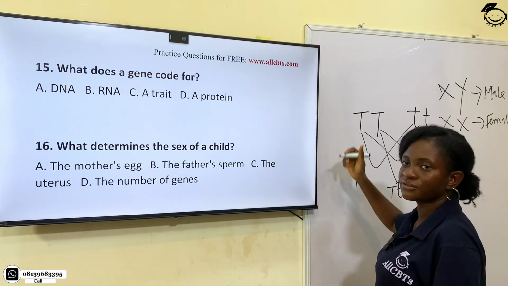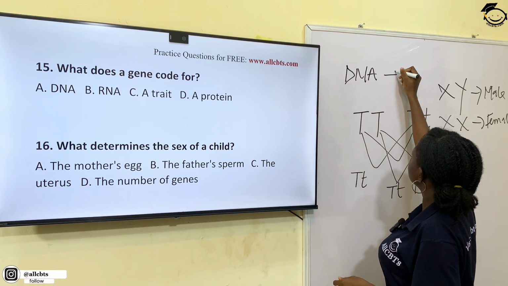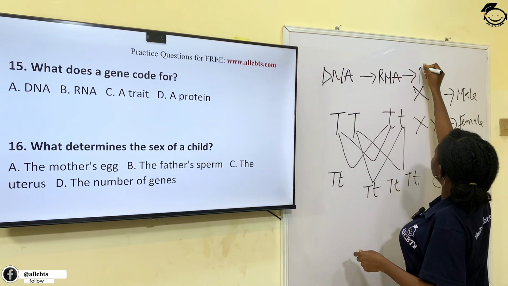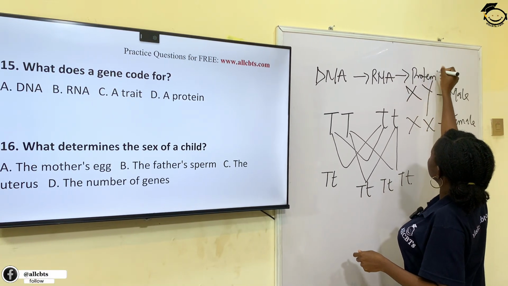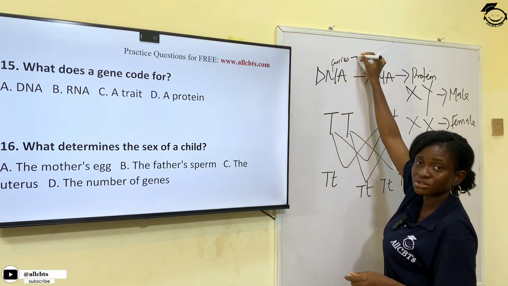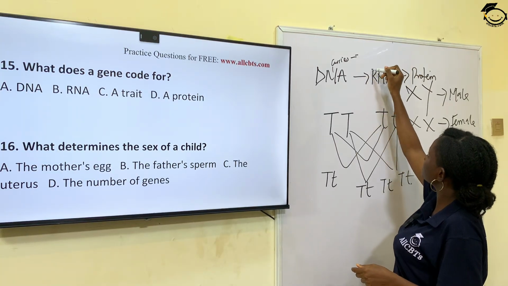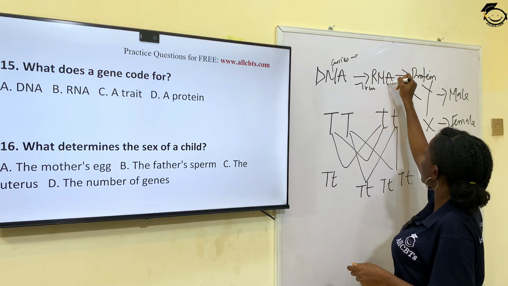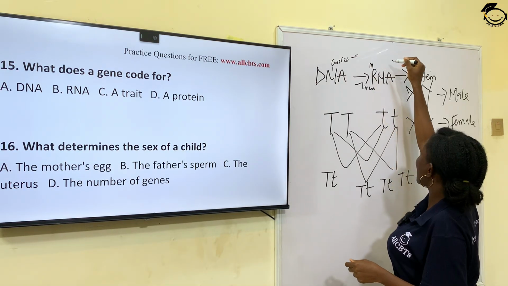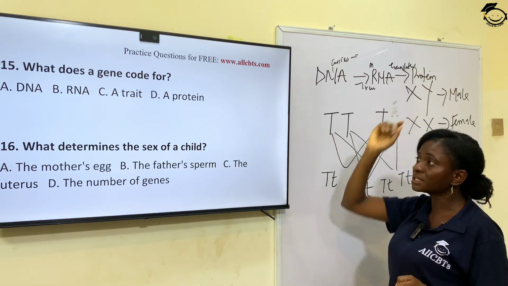So this is the flow we have from DNA to RNA, then to protein. The DNA carries the instruction, then this instruction is transcribed to RNA, and this RNA receives the instruction and translates it to protein.